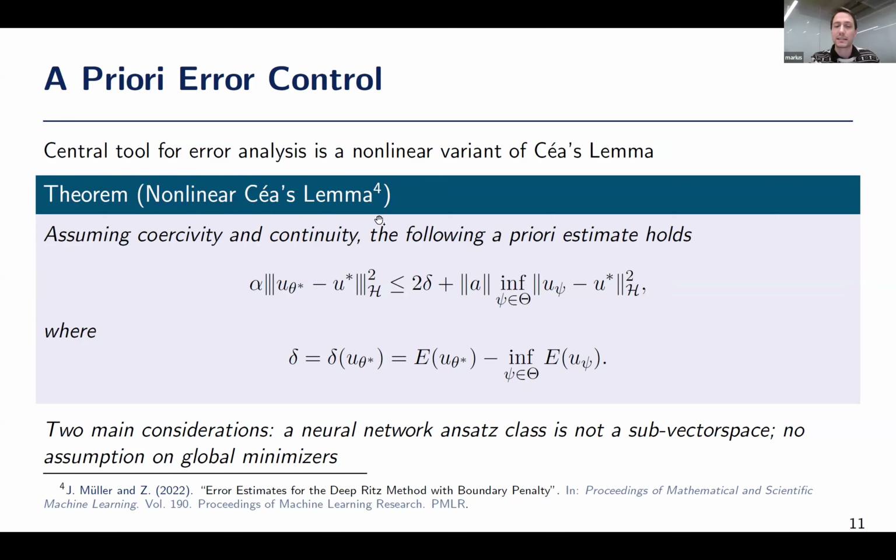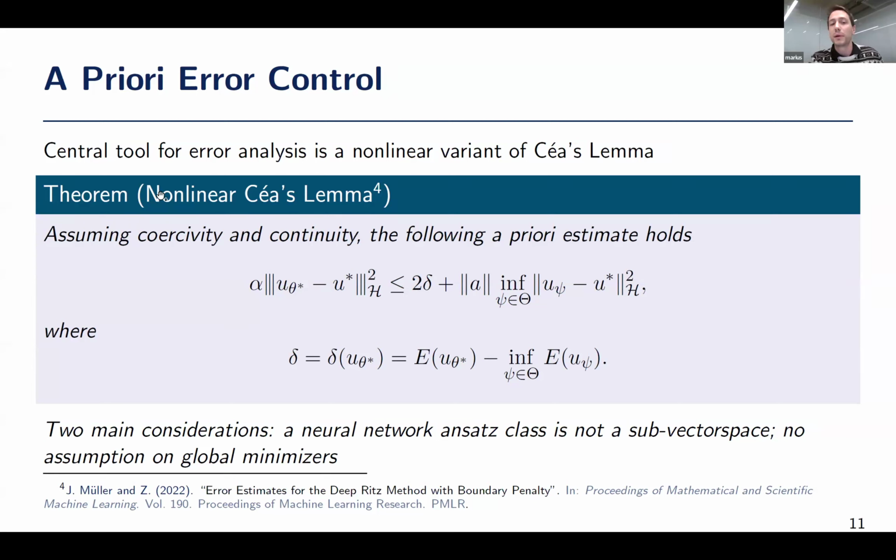Lemmas like this, the CS lemma, are well known in the numerical analysis community. There are two ways in which this lemma differs from the existing literature. One is that you cannot assume that this delta is 0, as you would for finite elements, where you know that you're exactly solving on your linear ansatz class.